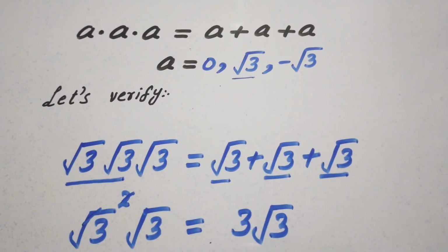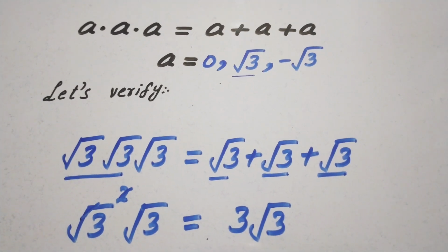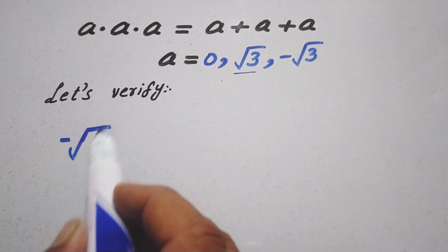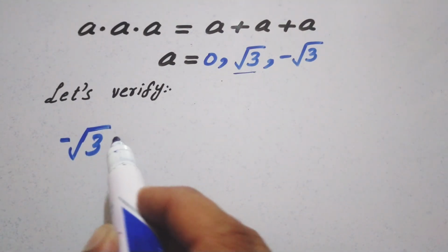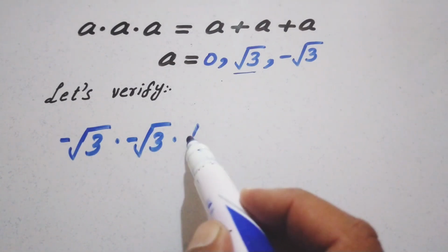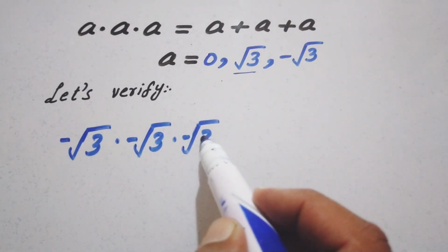Now let's check whether minus square root 3 is a valid solution or not. By putting this in, it becomes negative square root 3 multiplied by negative square root 3 multiplied by negative square root 3.